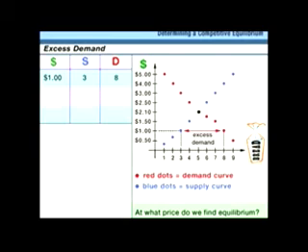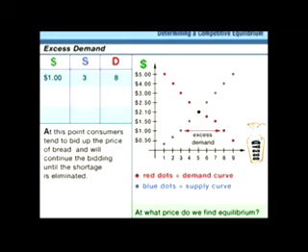Now, when there is excess demand, the bidding mechanism takes over. The bidding mechanism is the process by which unsatisfied buyers try to bid up the price of bread to guarantee that they get some. After all, we've got 8 loaves of bread demanded here and only 3 loaves of bread supplied, we've got 5 loaves of bread excess demand.